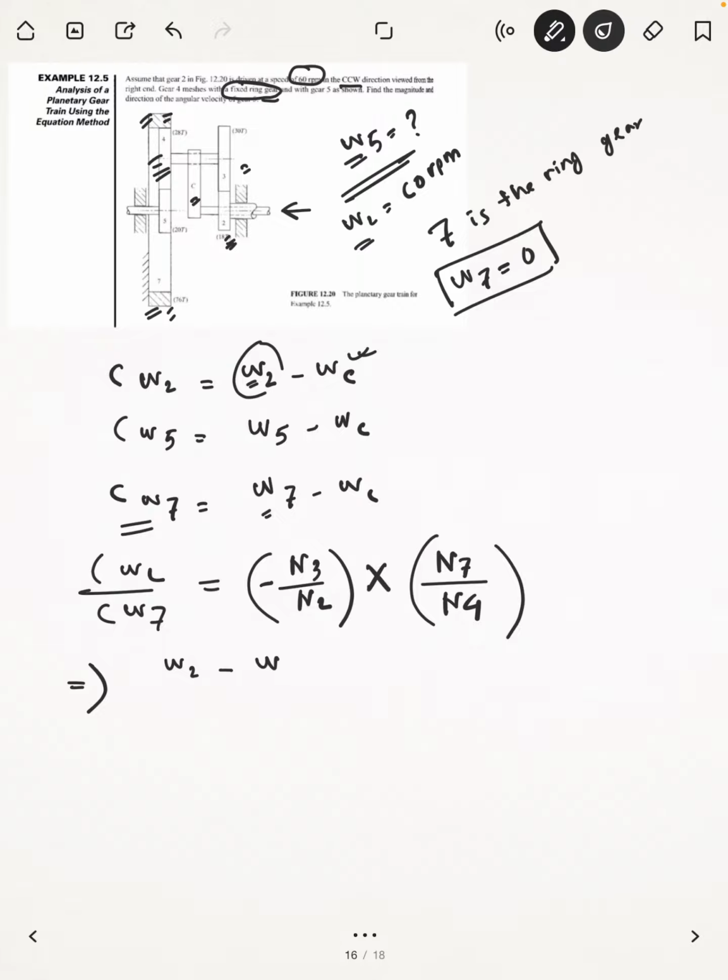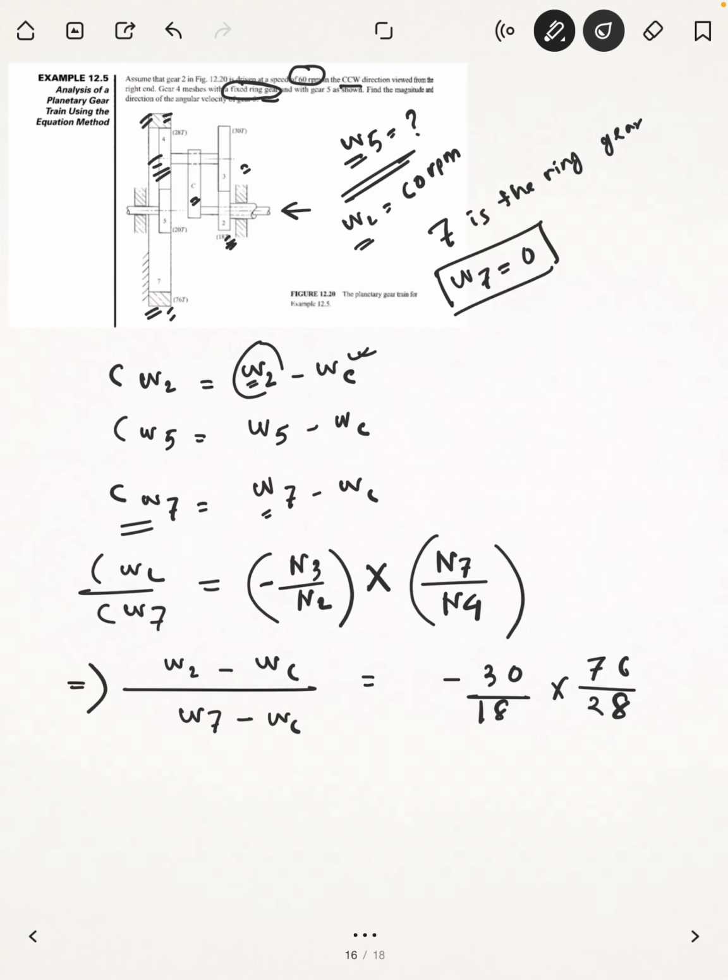So if I input the values: omega 2 minus omega C divided by omega 7 minus omega C is basically N3 value, negative 30, by N2 value, 18, into N7 value, 76, by N4 value, 28.